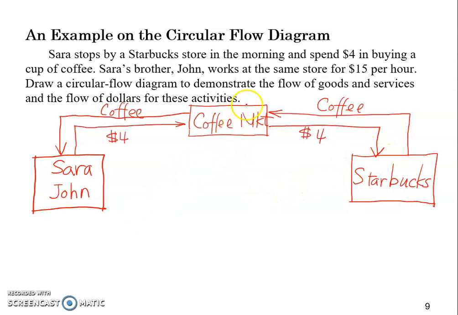The second part of this example: John works at the same store for $15 per hour. So the market that connects John and Starbucks is the labor market, or you could say the job market. You could imagine that John goes to this market and finds this job at a local Starbucks store.